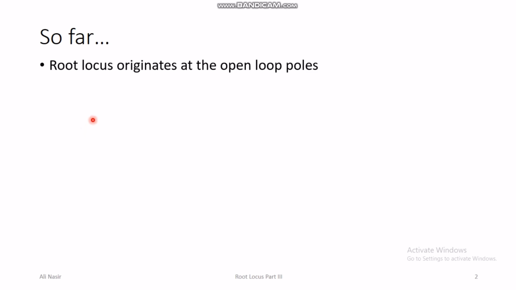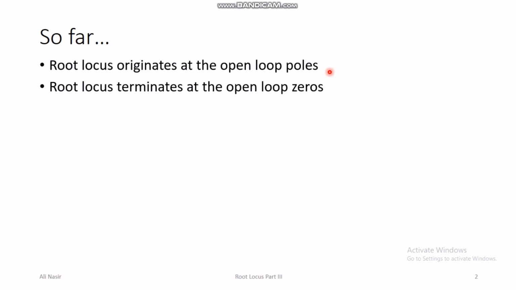So rule number 1 of root locus is that root locus originates at the open loop poles. So this means that when you close the loop and your control gain is very low or close to 0, then closed loop system and the open loop system have the poles at pretty much the same location. And then root locus terminates at the open loop zeros.